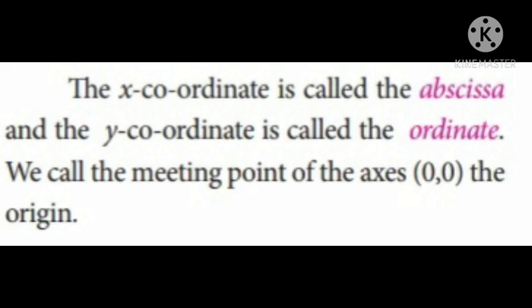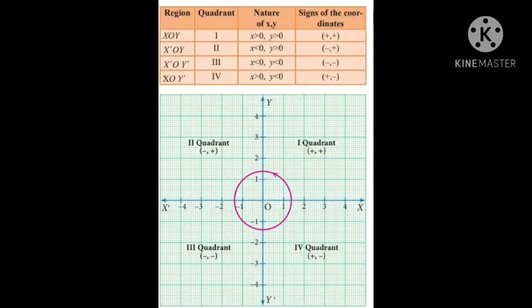Here one point is given, 0 comma 0, or else you can take any point, 1 comma 2. 1 comma 2 means 1 is the x coordinate, 2 is the y coordinate. So 1 is the abscissa, 2 is the ordinate. Clear? And this is a graph which is given with x axis, x dash, y dash.